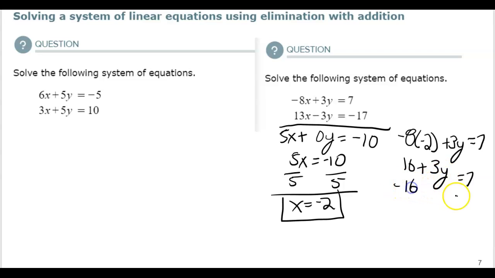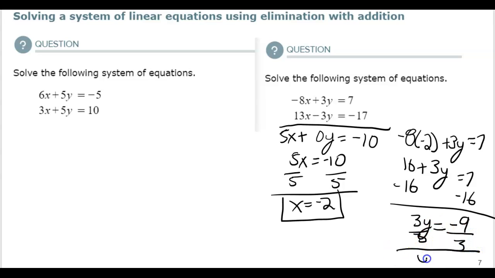And now I'm just solving for y. So I get the point -2, -3.